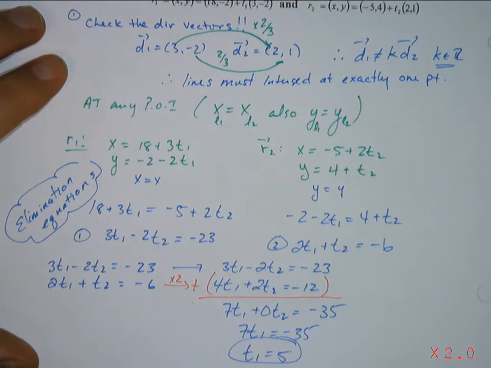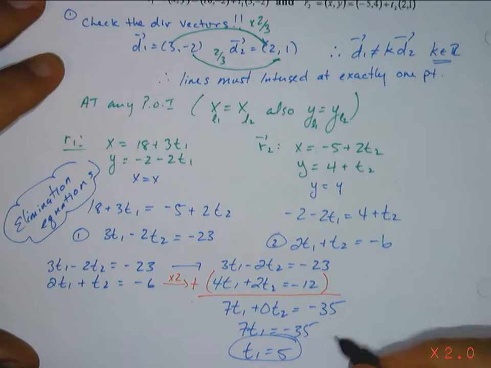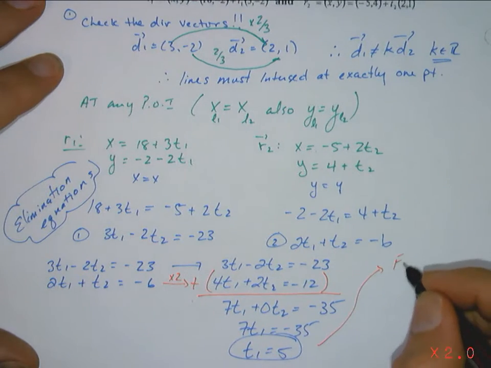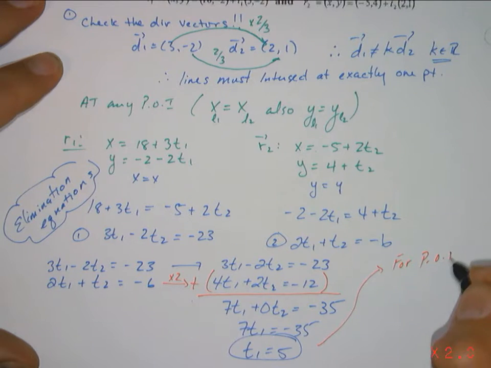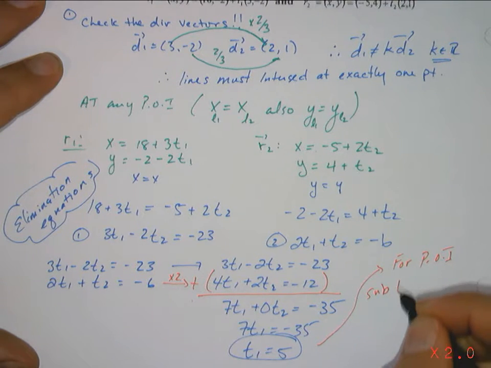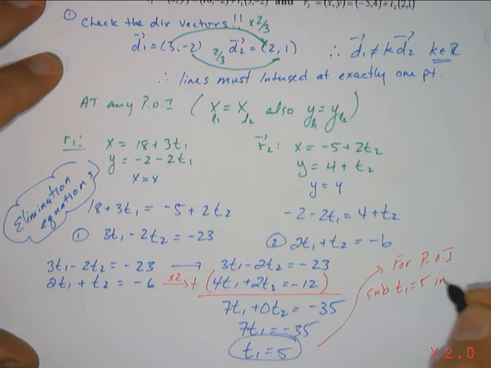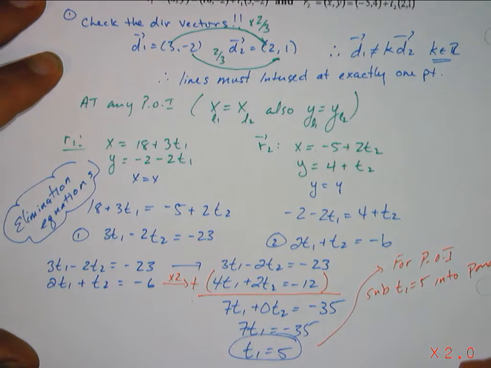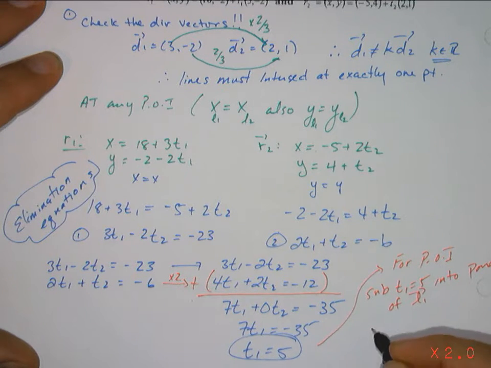So to get the point of intersection, I'm just going to change colors here. So for point of intersection, sub t1 equals negative 5 into parametrics of line 1. And so it's going to be x equals 18 plus 3 times negative 5.